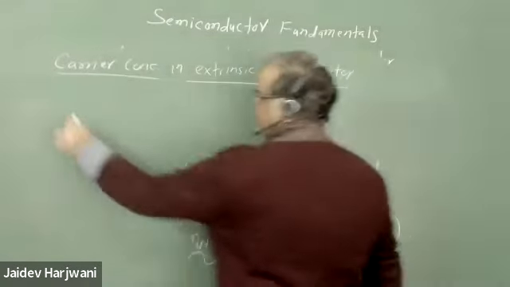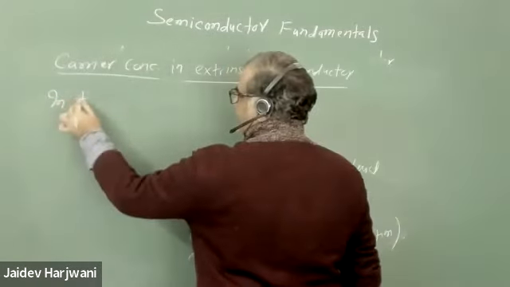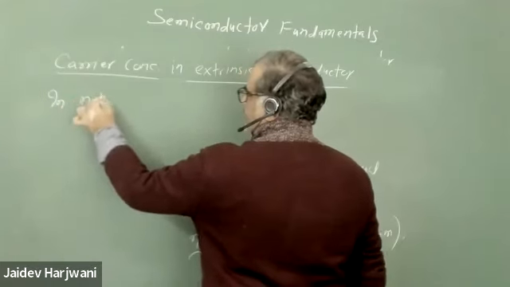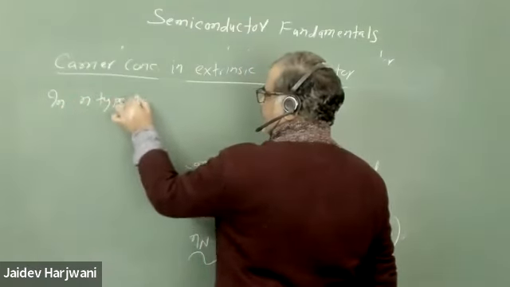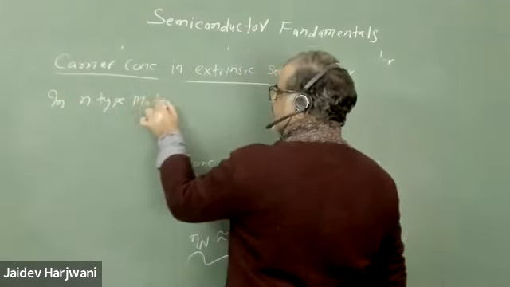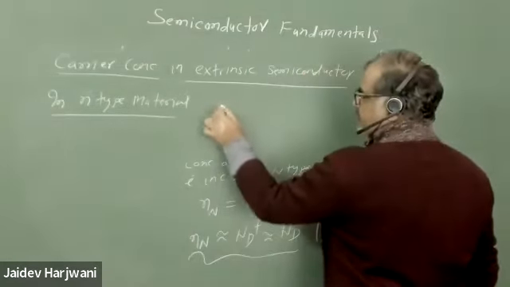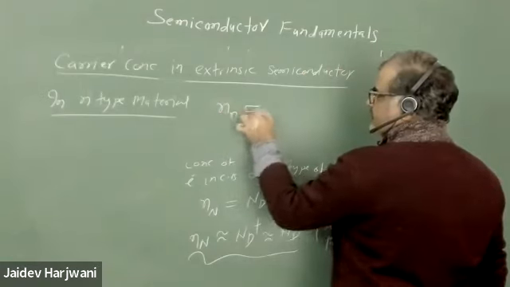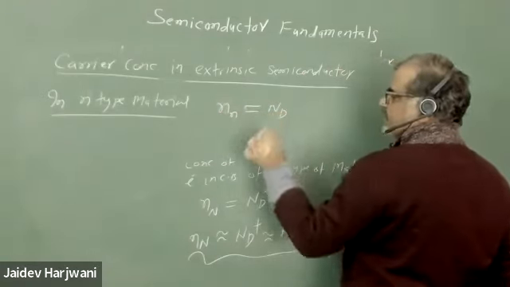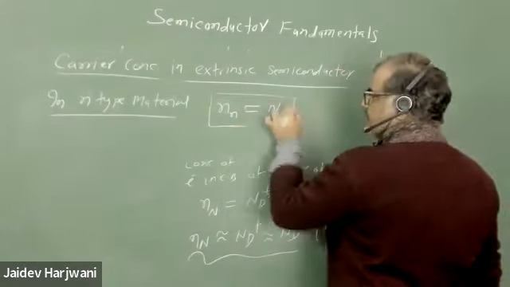So in n-type material, the number of conduction electrons Nn should be equal to my Nd. Okay, this is number one thing.